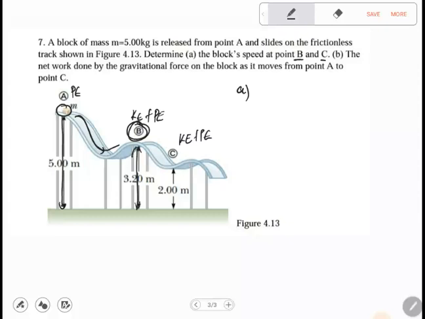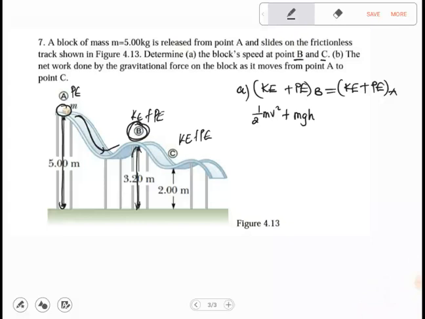The kinetic energy and the potential energy at B should be equal to the kinetic energy plus the potential energy at A. At point B, we have both kinetic energy and potential energy, that is, kinetic energy (1/2)mv squared, plus potential energy mgh.